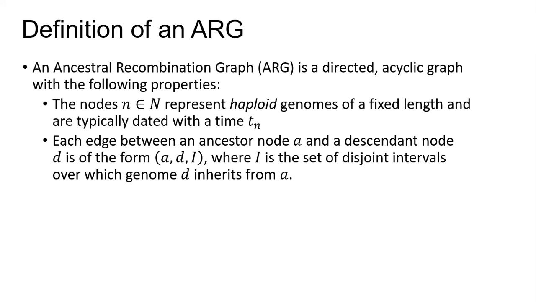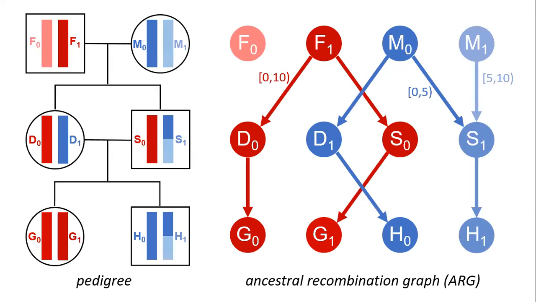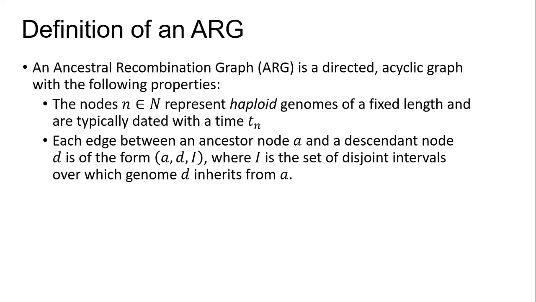And the edges are annotated with a set of intervals that are the regions over which the DNA is passed from the ancestor to the descendant. So in the previous example, the interval from M0 to S1 in the top right here was 0 to 5. And so we just have a directed acyclic graph, where edges are annotated with sets of intervals.